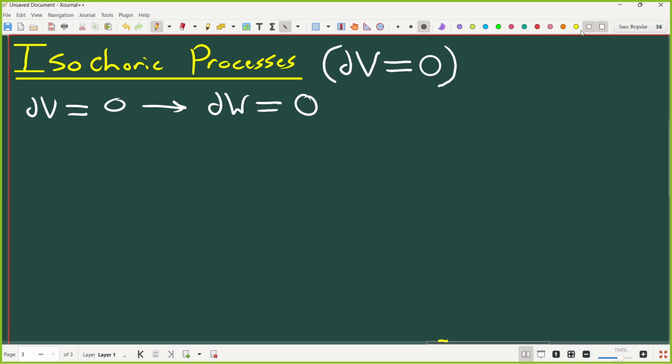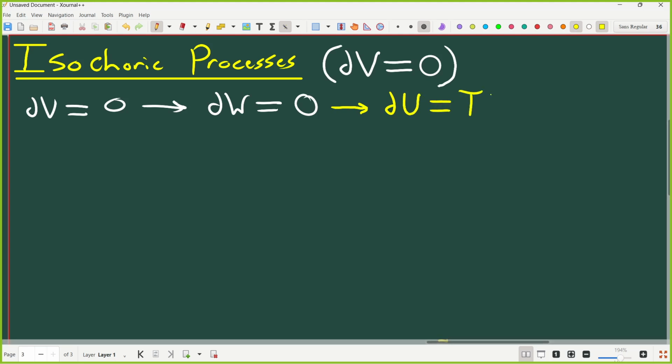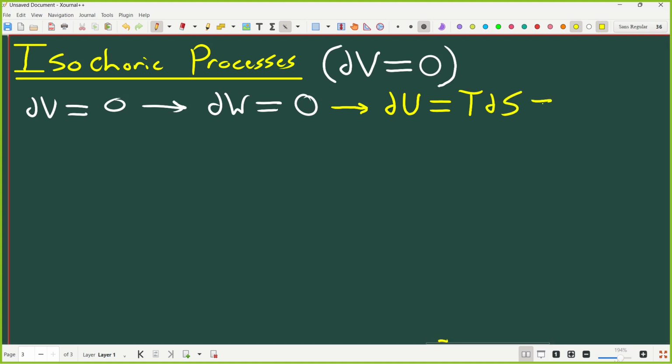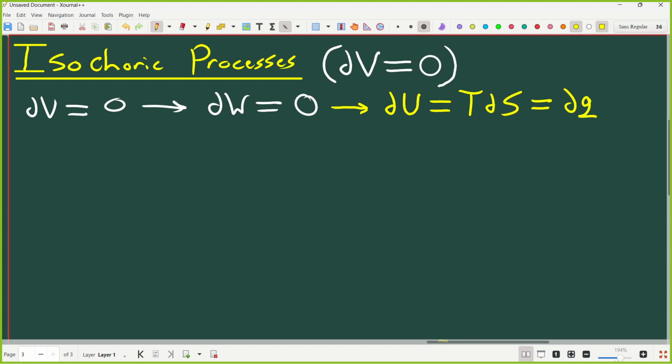Right? So that means then that the change in the total energy of the system is just TdS, which is equal to the change in heat. Okay? So all the energy that moves in and out of an isochoric system is just heat, pure heat.